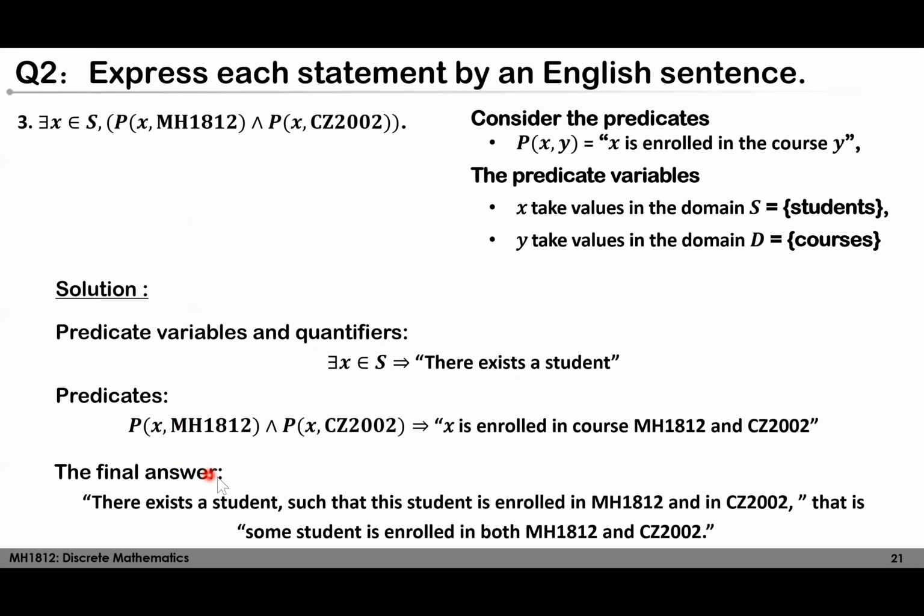So the final answer is there exists a student such that this student is involved in MH1812 and in CZ2002. That is equivalent to saying some student is involved in both MH1812 and CZ2002.